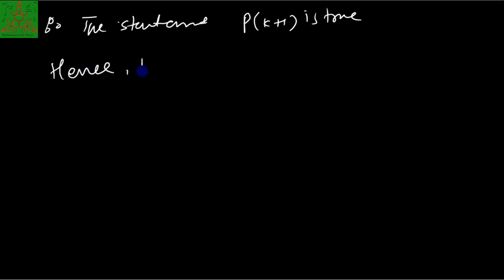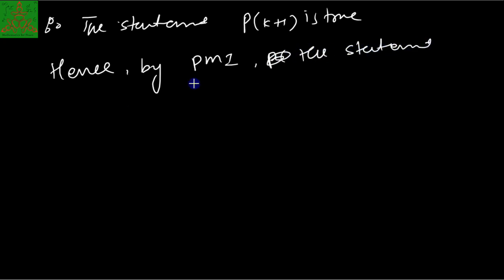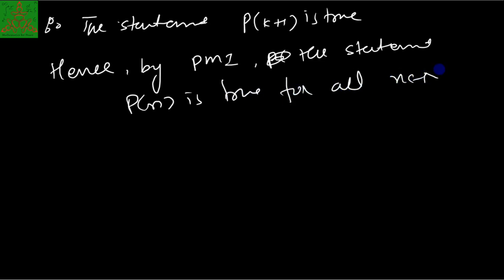Therefore, the statement P(k+1) is true. So hence, by PMI, the statement P(n) is true for all n belongs to natural numbers.